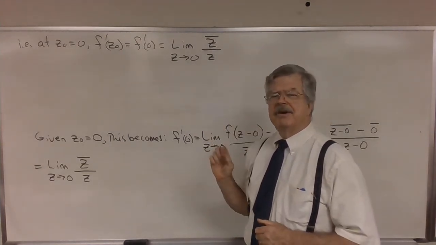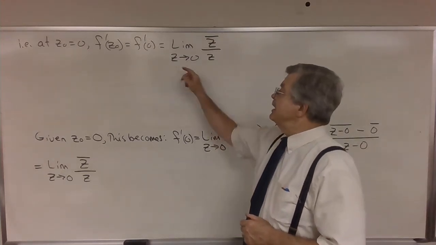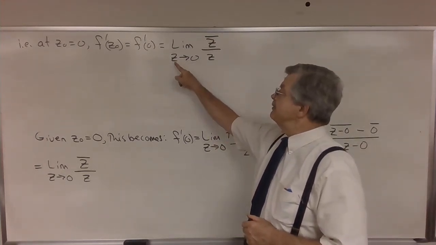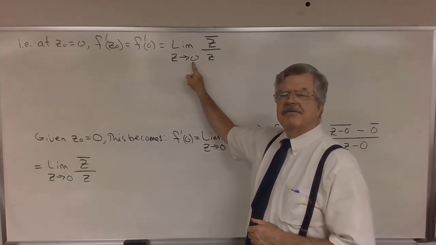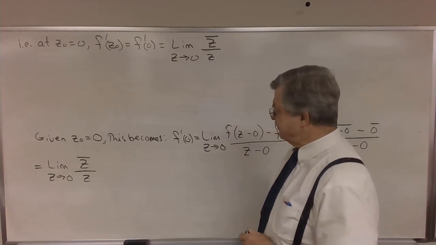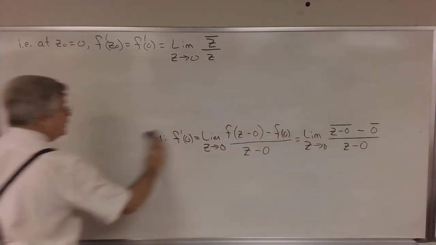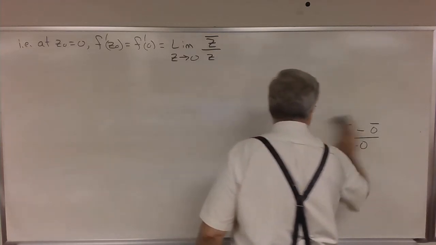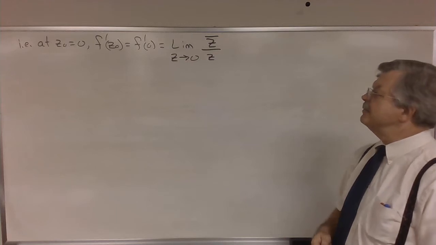And we're very strategic in picking those paths. We pick two different paths for z to approach 0 such that we'll get different values each time. So let's be strategic, but let's try to keep it simple too.